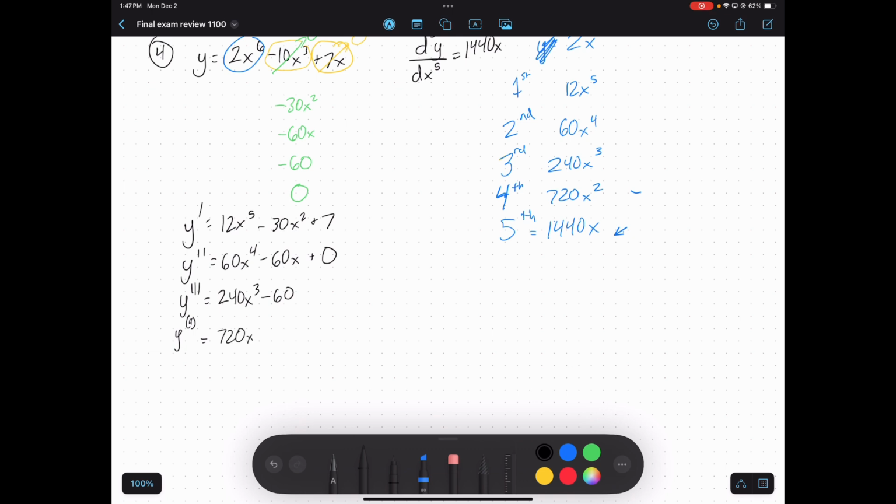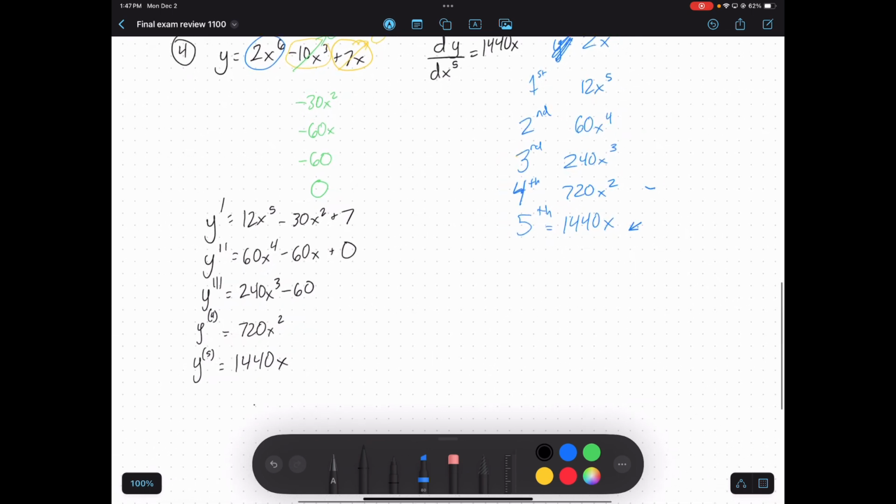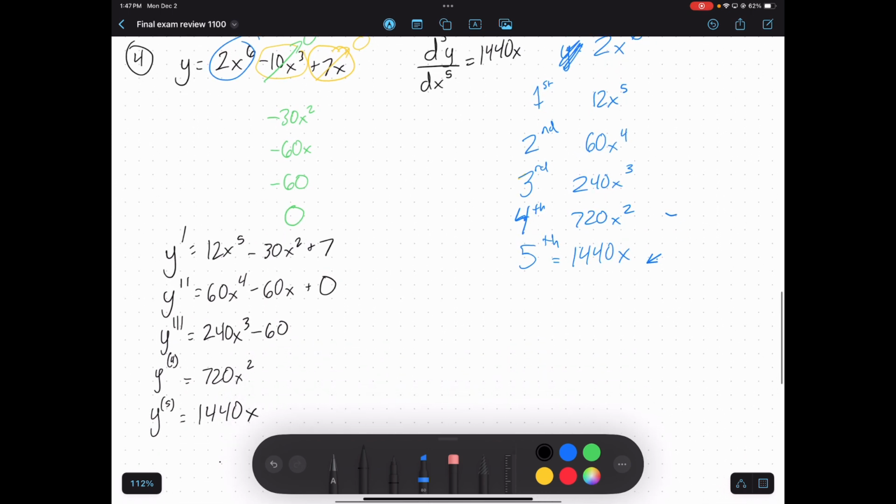So if you just take your derivative straight, you're going to end up with the same thing. Okay. Cool. Any questions about this one?